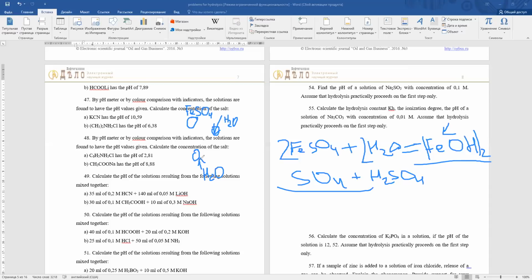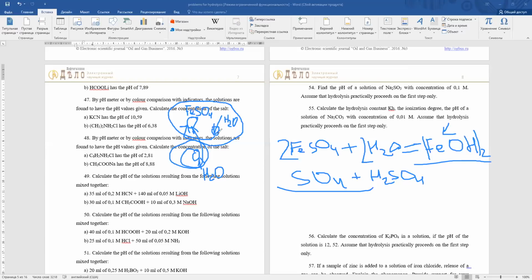So each movement of these molecules requires energy. For example, this one circulating and clashing with this, and the reaction occurs. This one also circulating and clashing with this one, okay, and the reaction occurs.